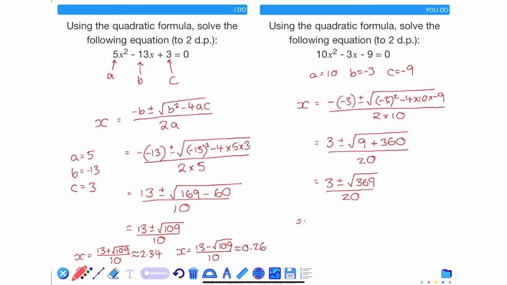This means that x will equal 3 plus the square root of 369 divided by 20, or x will equal 3 minus the square root of 369, all divided by 20. Grabbing a calculator and evaluating both of these calculations will give 1.11 to 2 decimal places, or negative 0.81 to 2 decimal places.